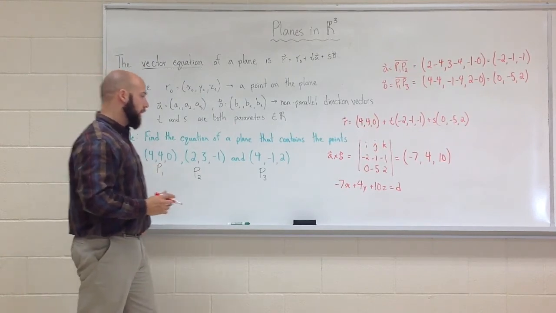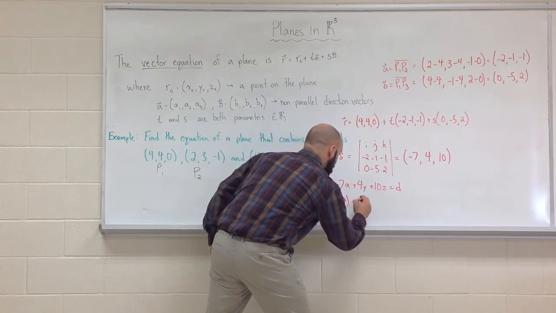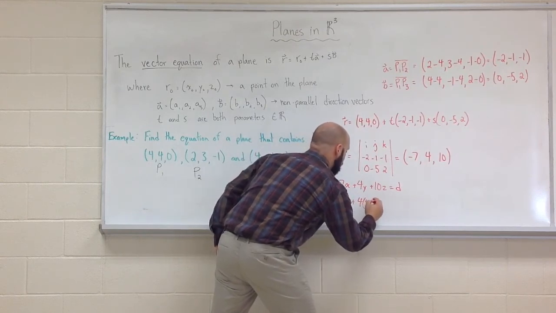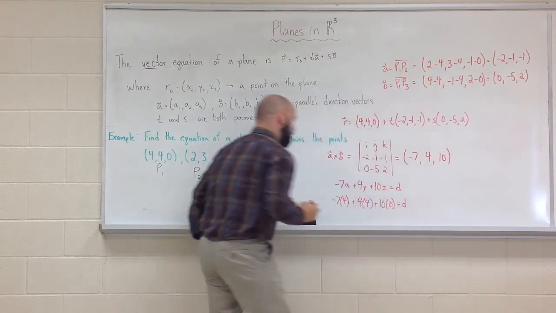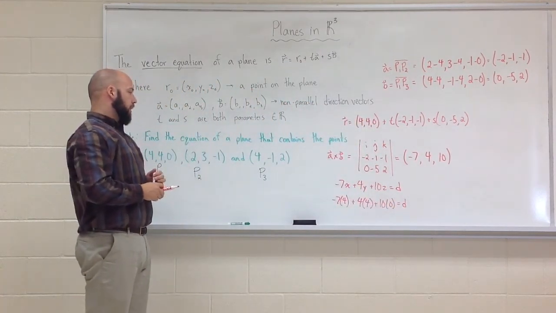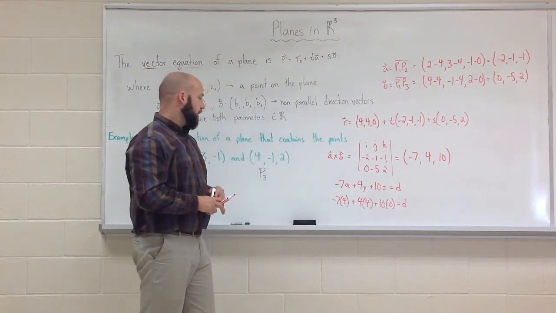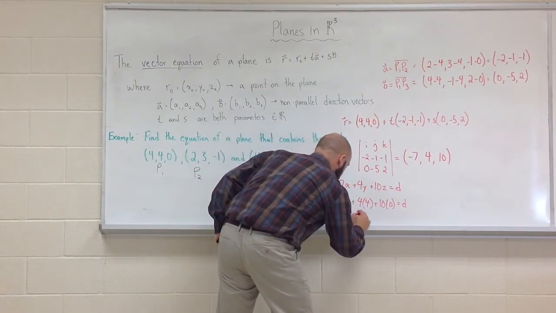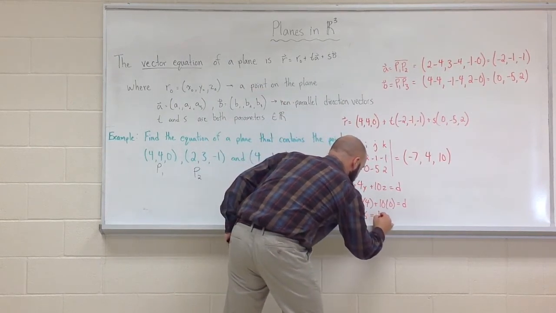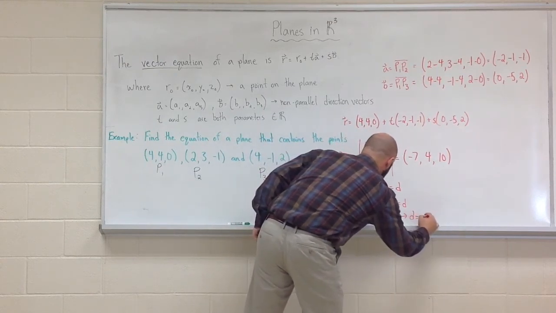I'll choose P1 again. -7 times 4 plus 4 times 4 plus 10 times 0 equals d. -7 times 4 is -28 plus 16 equals d. So d equals -12.